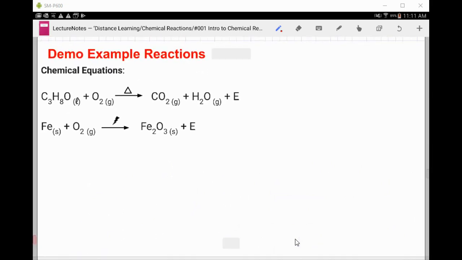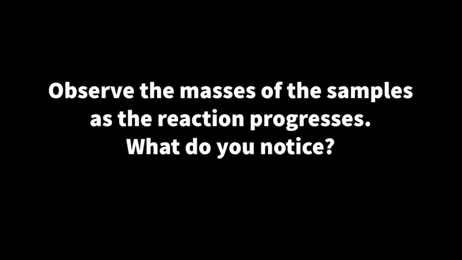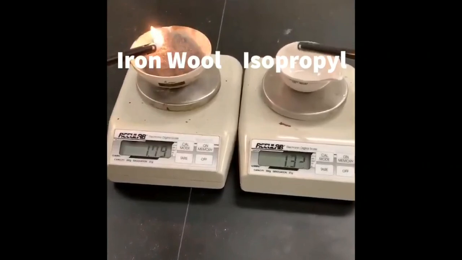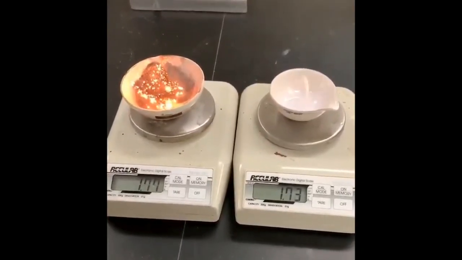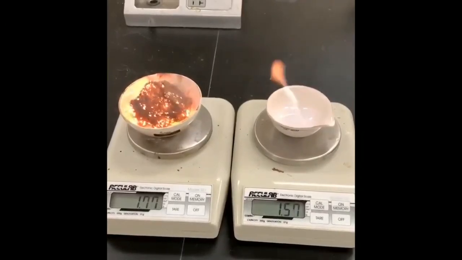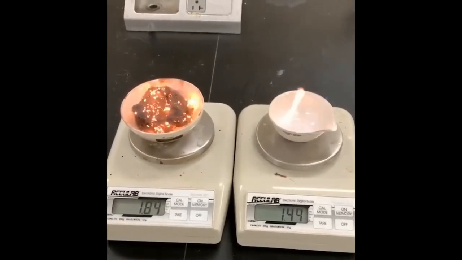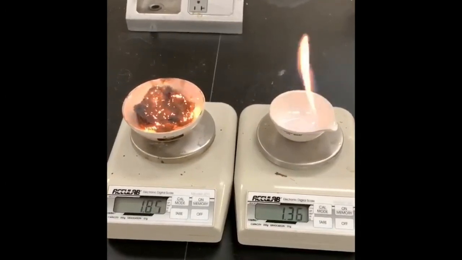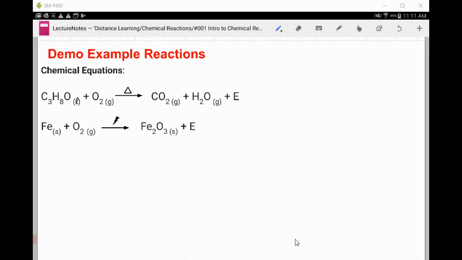Let's take a look at those two reactions really quick. So from those reactions, we can see that as the iron metal is burning, the mass is actually increasing.